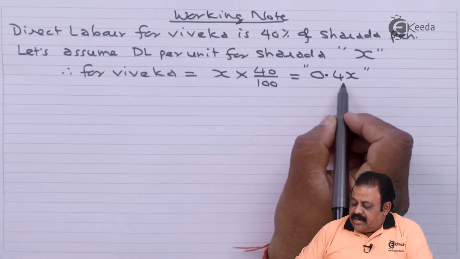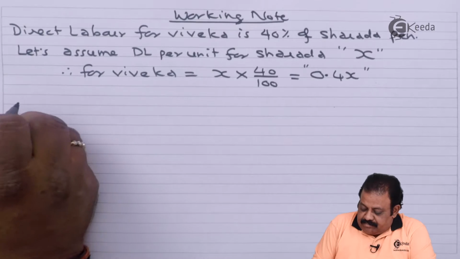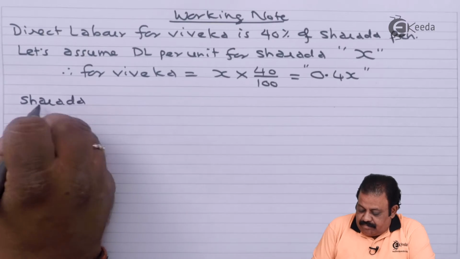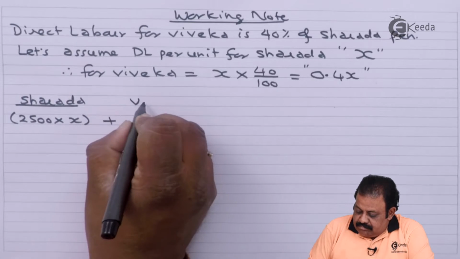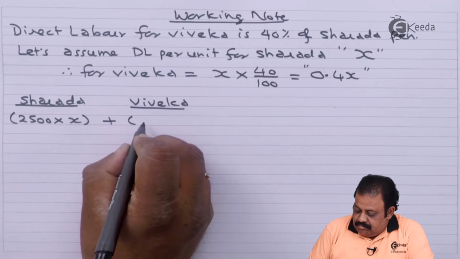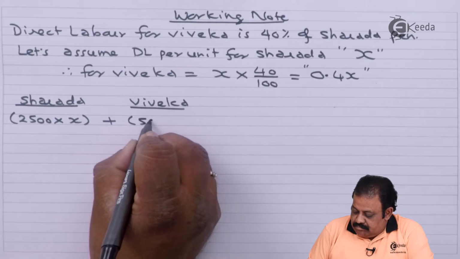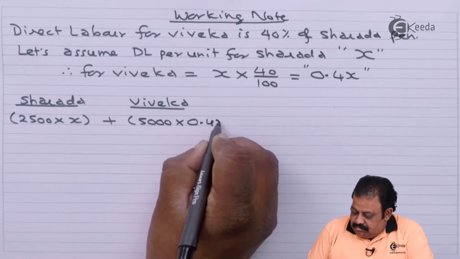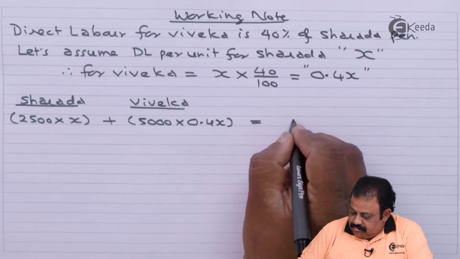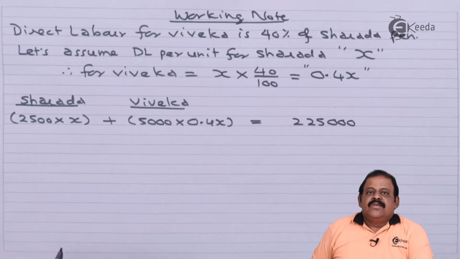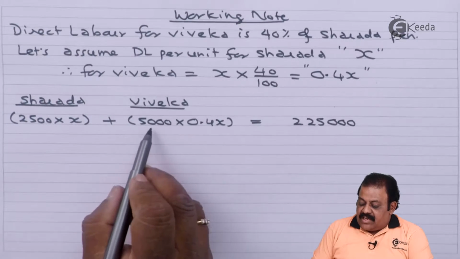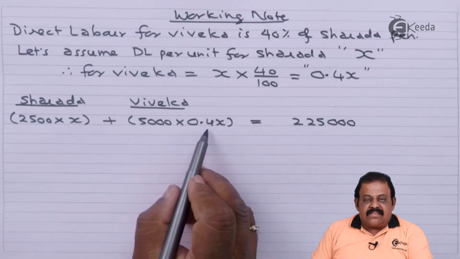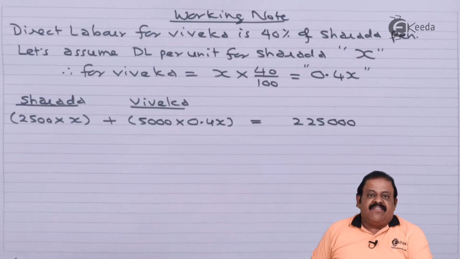That will be 0.4x. Sharda 2500 units multiplied by x, Vivek 5000 units, 0.4x is equal to 2,25,000.